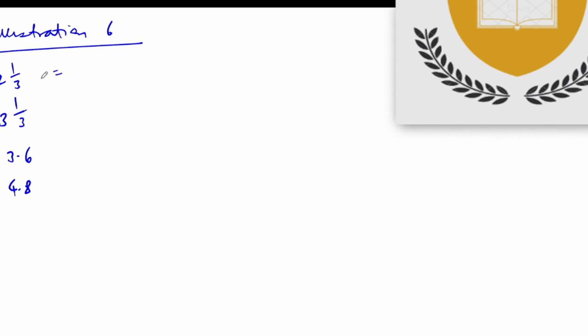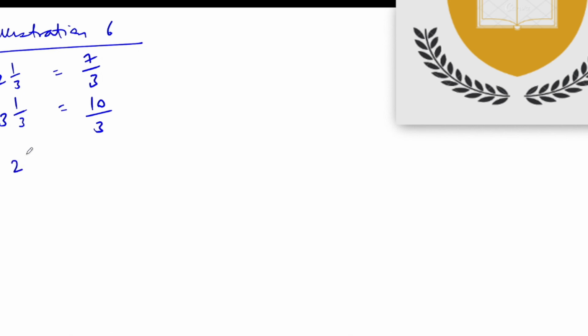2 and 1 by 3 is equal to 3 into 2 plus 1. 3 2s are 6 plus 1, 7 by 3. 3 and 1 by 3 is 3 into 3 plus 1. 3 3s are 9 plus 1, 10 by 3. Now, they have asked you which ratio is greater.